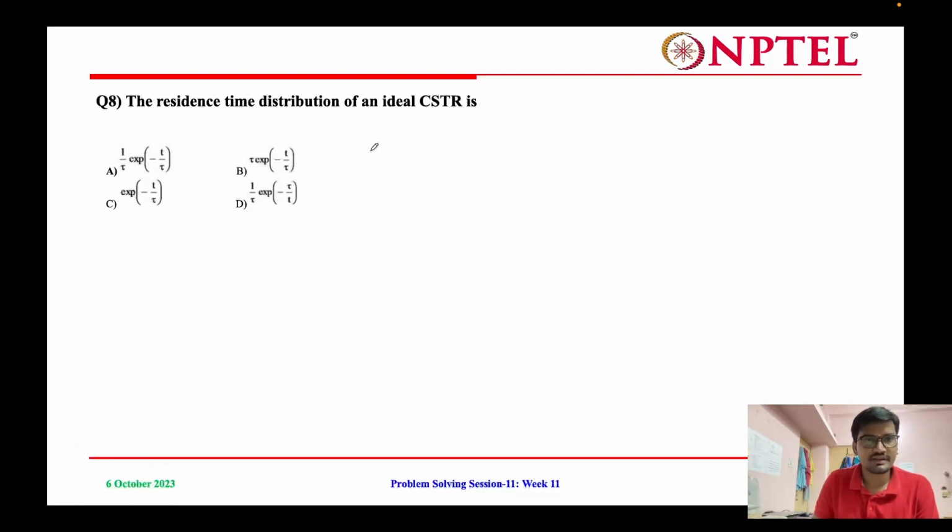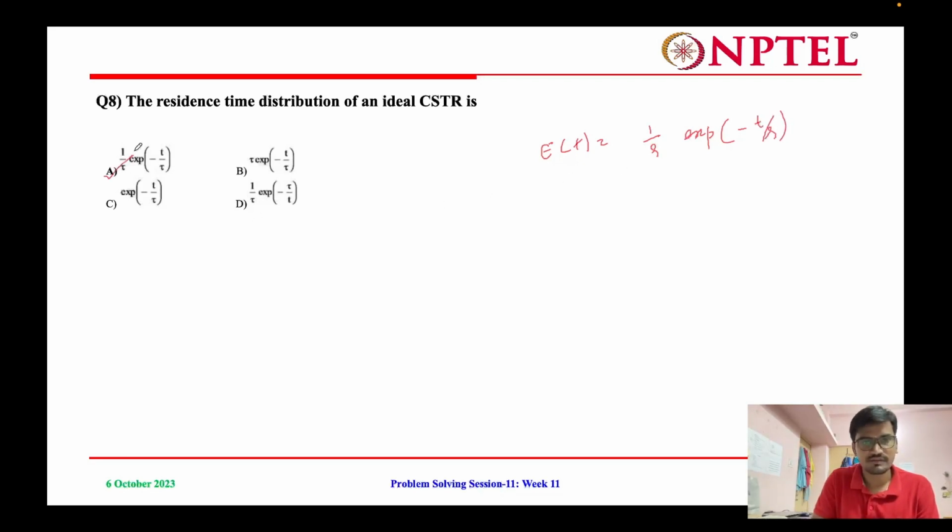Question number 8. The residence time distribution of an ideal CSTR is. The RTD of an ideal CSTR is E(t) equal to 1 by tau, e to the power minus t by tau.